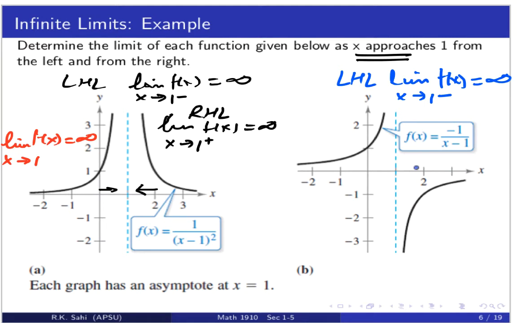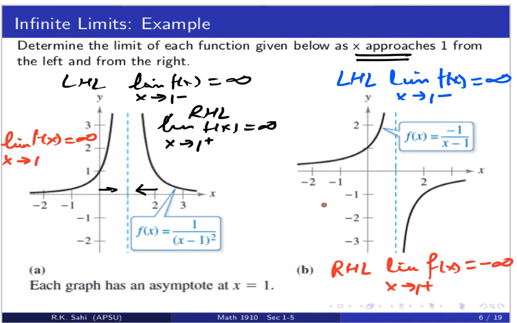Let's look at the right-hand limit. The limit of the function as x approaches from the right-hand side, which is 1 plus, it's negative infinity.